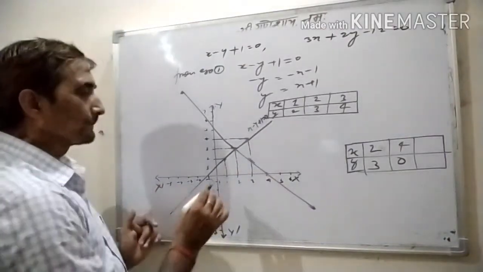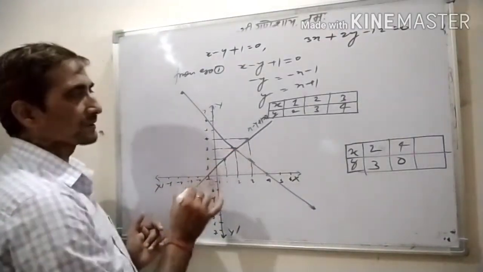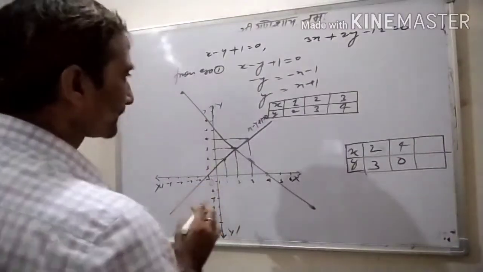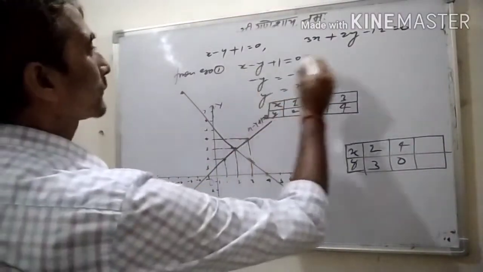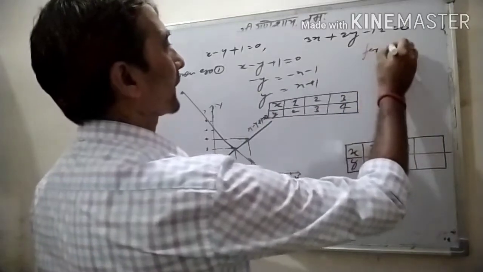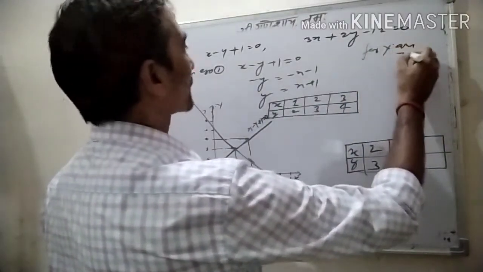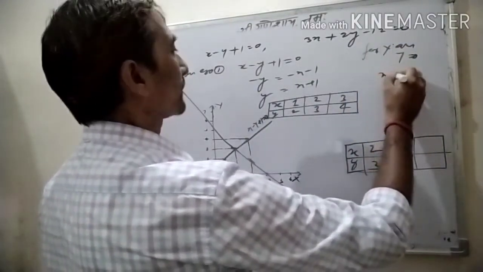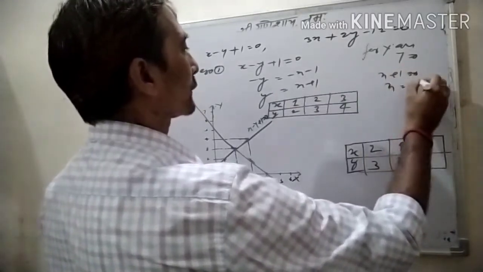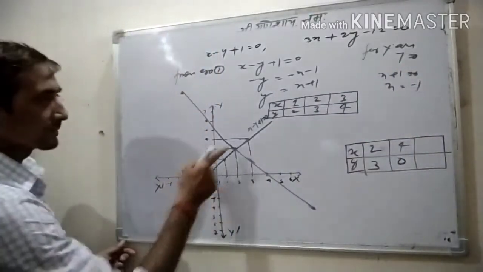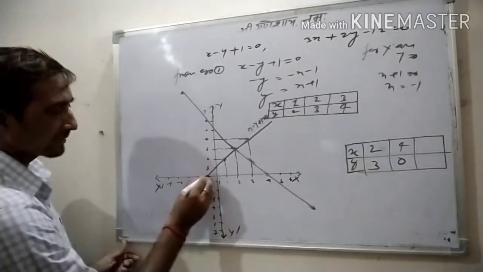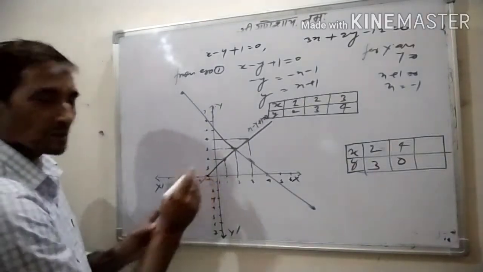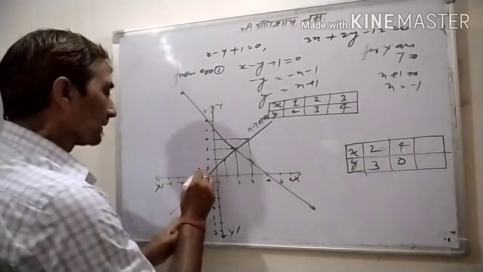You will see that for the x-axis, y equal to 0. For the x-axis, y equal to 0, so x plus 1 equal to 0, now x equal to minus 1. This line intersects the x-axis at x equal to minus 1.